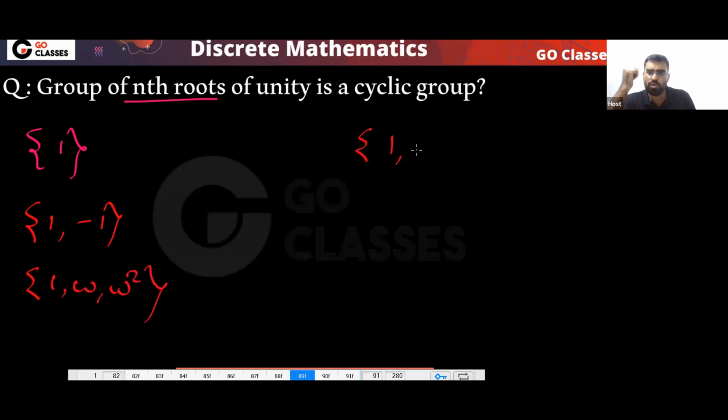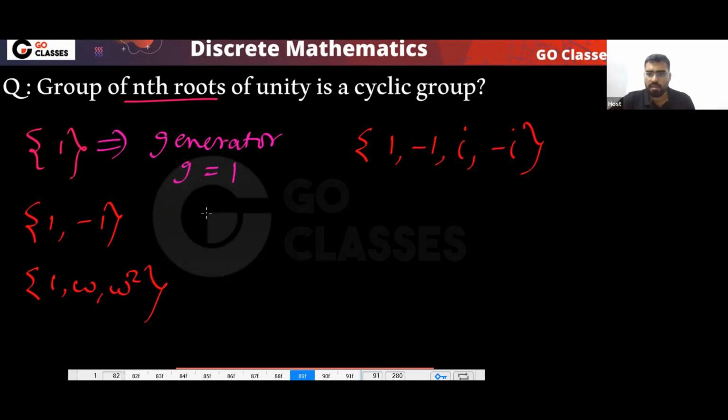This is the fourth root of unity. And so on. So, is this a cyclic group? Yes. What is the generator? Just tell me the generator G. Generator G is 1. And what is the generator here? That will be again, the generator here will be 1.